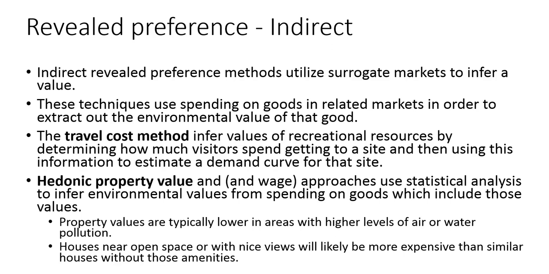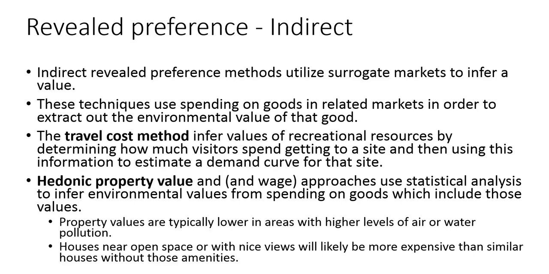Then there's the hedonic property value approach, and to a lesser extent the hedonic wage approach. With this one we use statistical analysis to estimate the value of a house or your job that's associated with the environment.